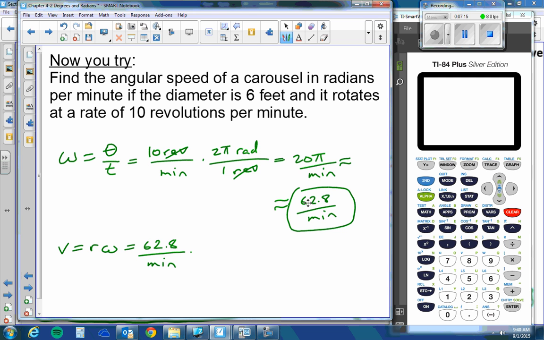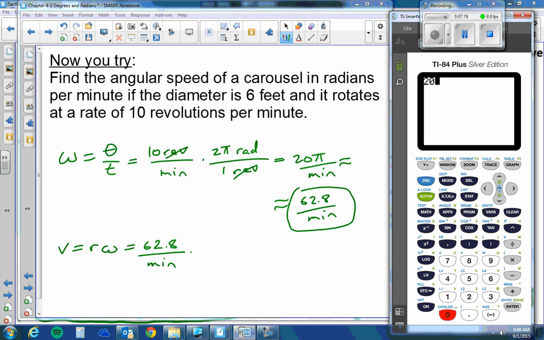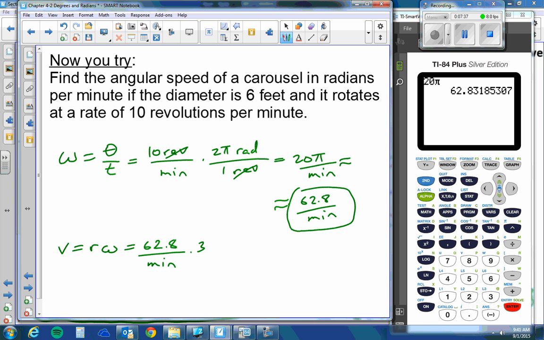What I'm getting at, though, is you really want to have this in the calculator. So 10 times 2 pi works out to 62.83 something, okay? So I'm saying, once again, I had this sit in the calculator, on the paper, but I'm not using that, I'm using this. And then I multiply by what? 3, the radius is 3 feet, actually.